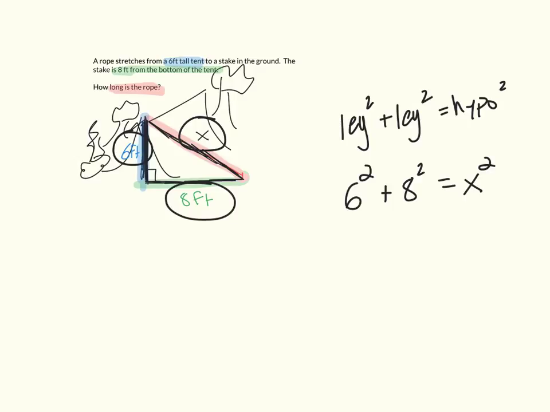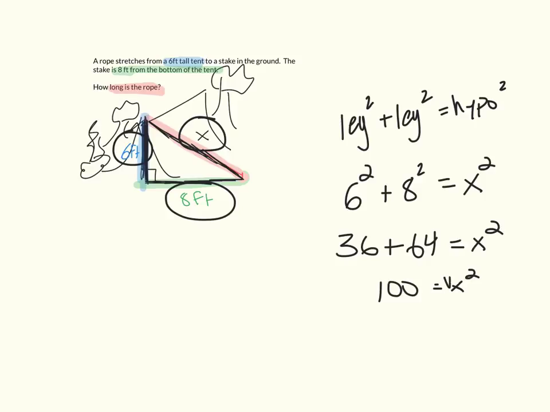Let's see my calculator. 6 times 6 is 36, plus 8 times 8 is 64, equals x to the power of 2. 36 plus 64 gets me 100 equals x to the power of 2.